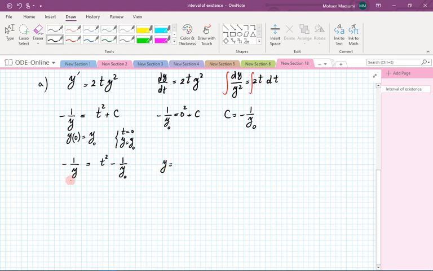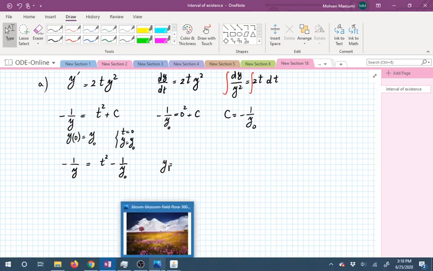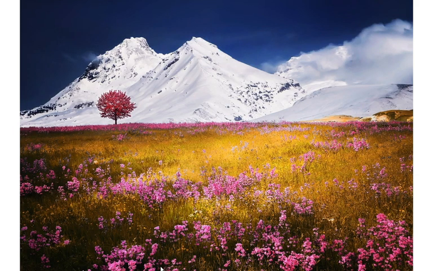We don't want 1 over y or negative 1 over y, we want y itself. So go ahead, and again now you have 10 seconds to tell me what y is. Carefully do the algebra needed to find out what y will be equal to.